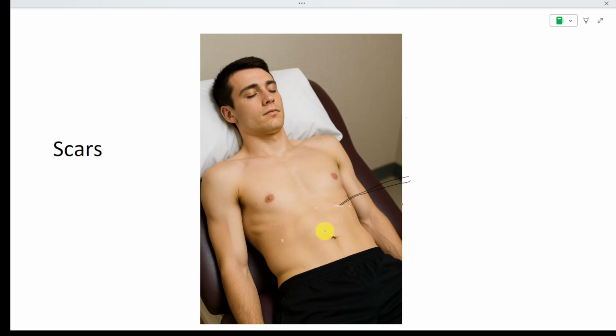If the patient had not the open splenectomy, but rather a laparoscopic splenectomy, you could see those small scars there and one in here as well. So those three are basically used for the laparoscopic splenectomy.